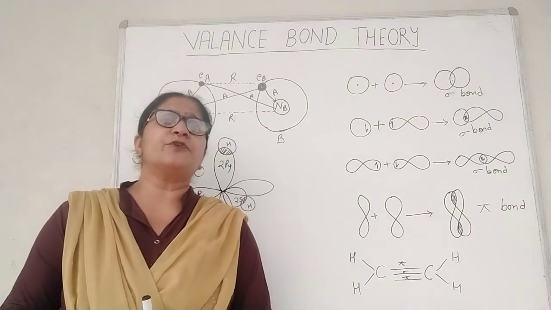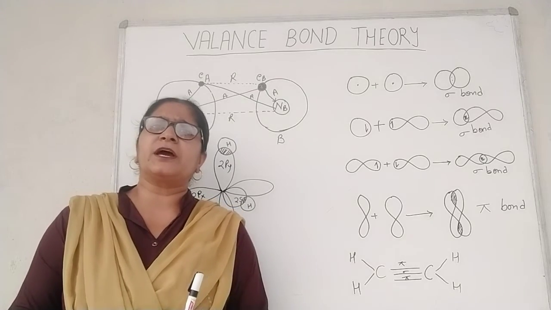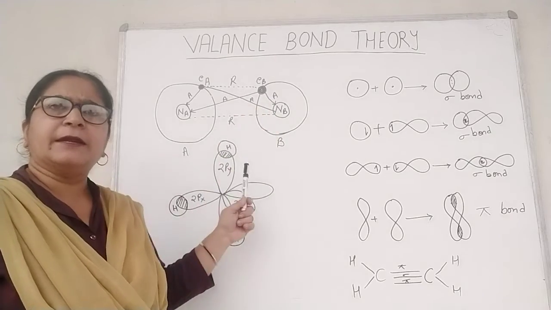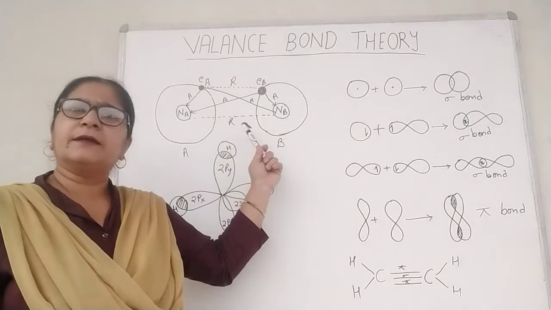Simultaneously, repulsive forces also arise between the two electrons Ea and Eb and between the two nuclei Na and Nb.